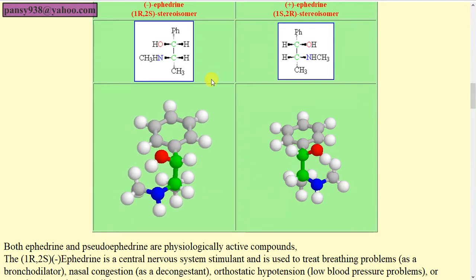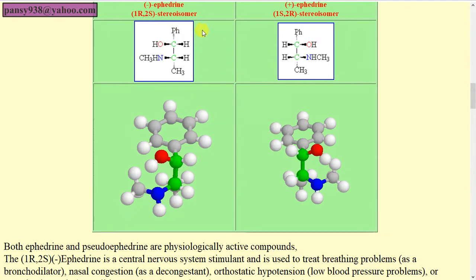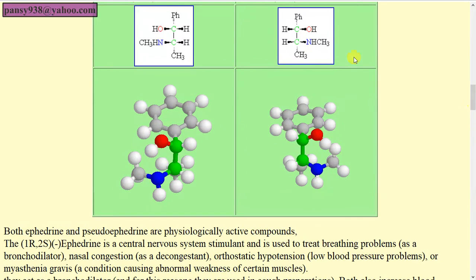One of them rotates the plane of polarized light in anti-clockwise direction, which is negative ephedrine, and the second rotates in clockwise direction, so it is plus ephedrine. So these are also enantiomers, which are mirror images of each other.